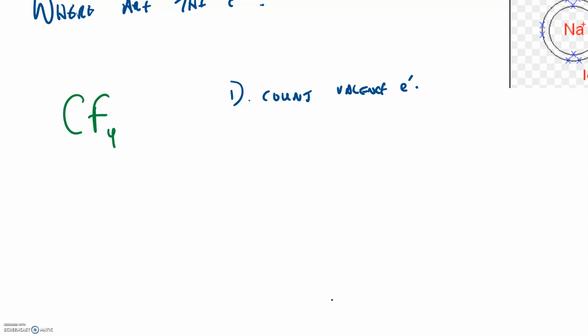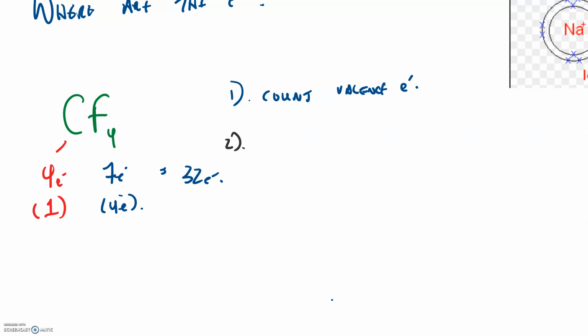And so we know that carbon has 4 electrons in the valence, and there's a total of 1 of them in the molecule. And we know that fluorine, they each have 7 electrons in the valence, and there are 4 of those in the molecule. That means we have a total of 32 valence electrons that we're considering.